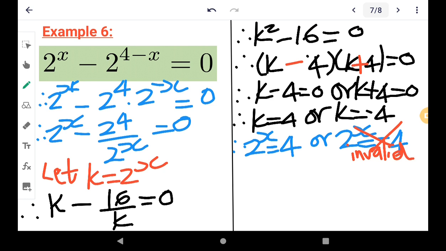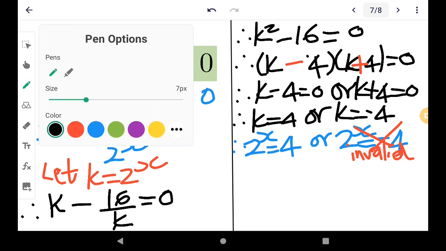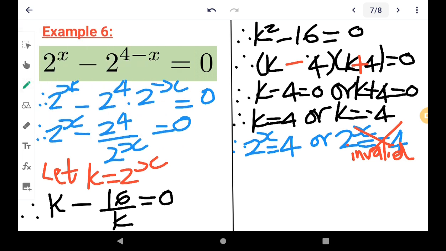And we are left with 2 to the power of x equals, now we express 4 as a power of 2, that is 2 squared. Therefore, x equals 2 is the only solution.